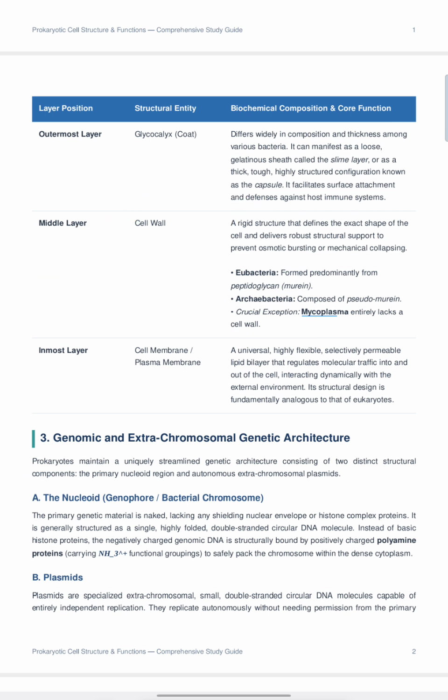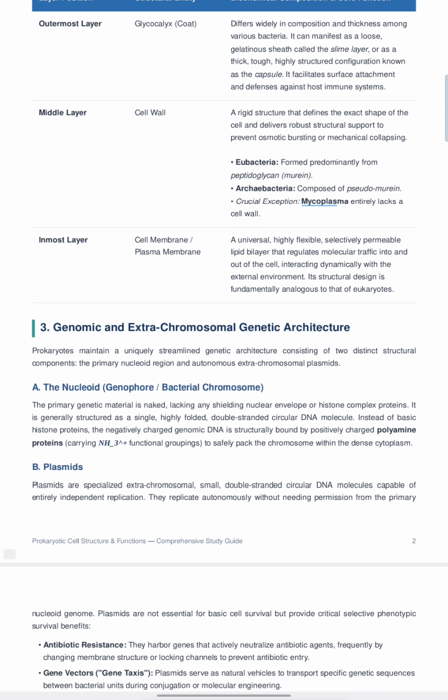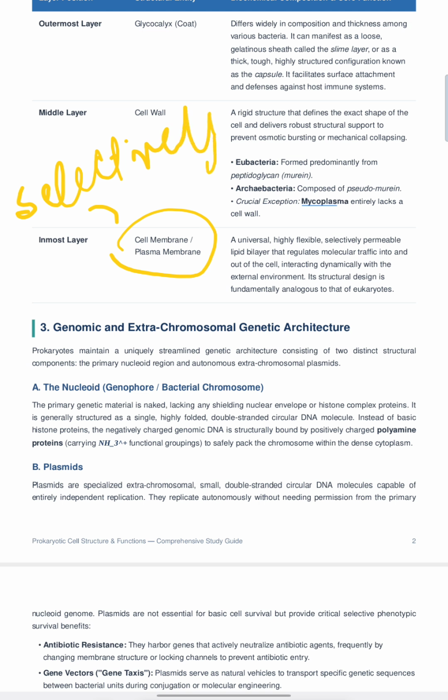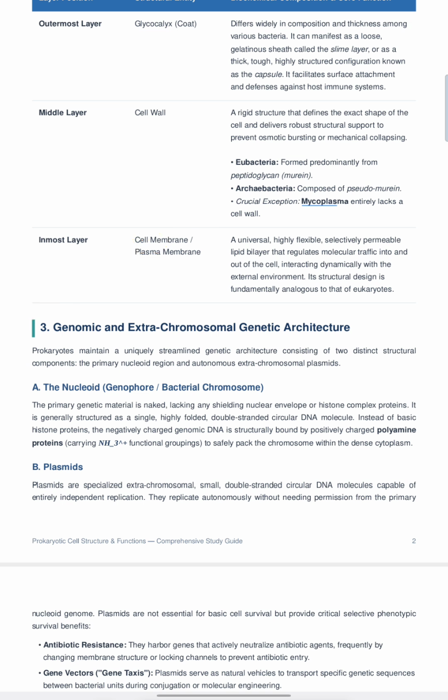Now moving to the next layer, the innermost layer, that is the cell membrane. As we know, the cell membrane is selectively permeable. Selectively permeable means it is able to interact with the outside world.